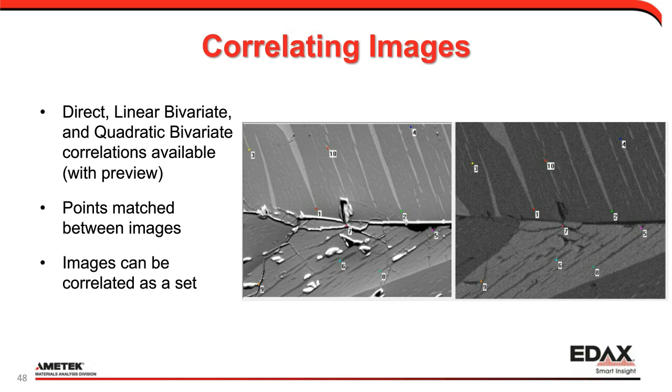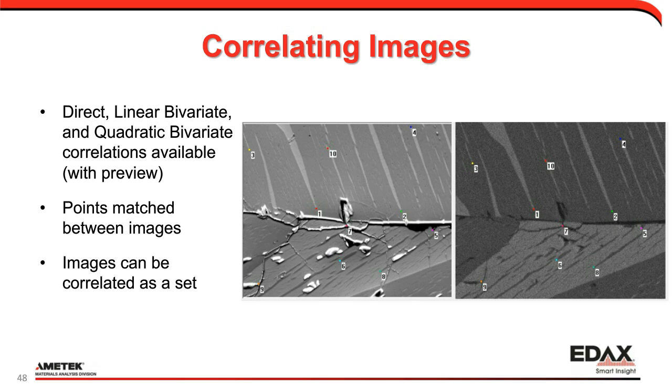I rarely use the direct because we're looking at a tilted image with EBSD, and then we often are looking at a flat image with other techniques, so a direct correlation is pretty difficult. You get some skew due to sample tilt, and also the fact that, when we think a sample is tilted and flat, usually it's not really. So direct is usually not perfect.